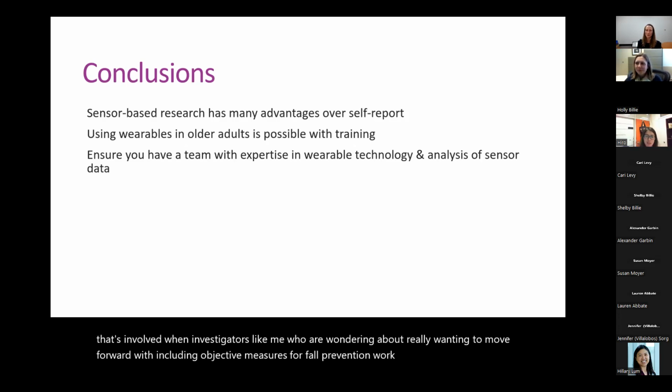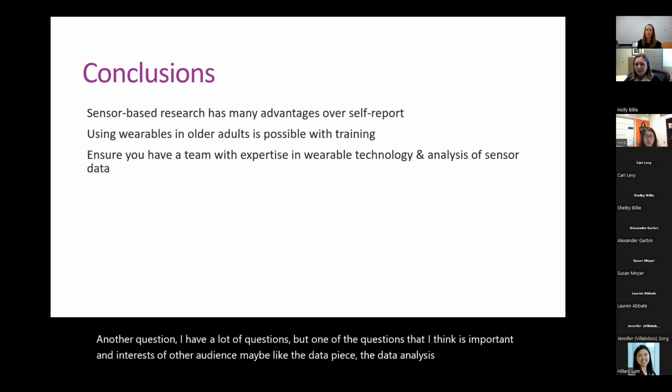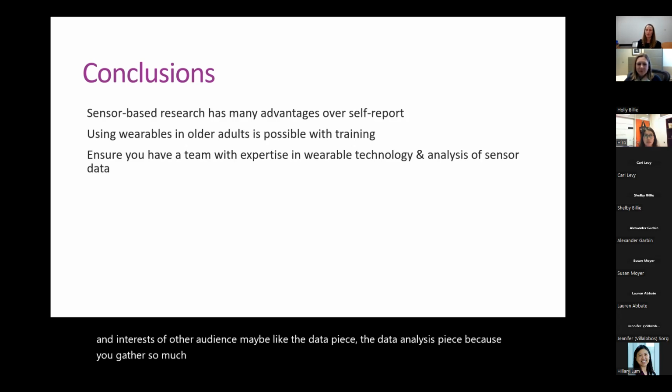I have a lot of questions, but one that I think is important, and of interest to the rest of the audience, is the data analysis piece, because you gather so much data. How did you make decisions about what to analyze, and about the rest of the data that you collect? Could you share a little bit about your thinking around that?